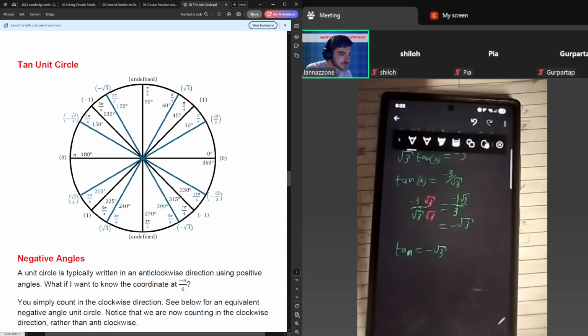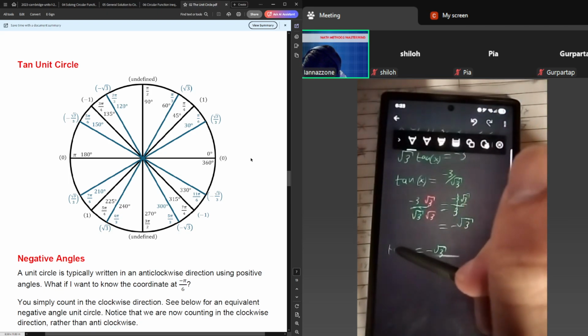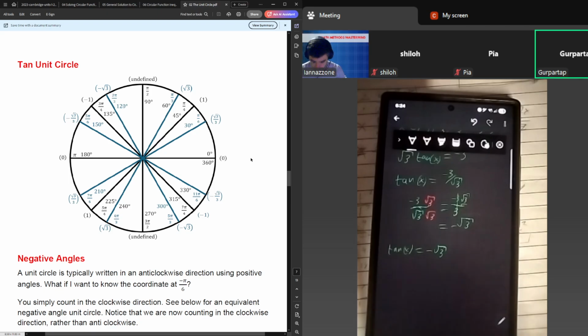I'll pull up the unit circle as well so we can all look at the same thing. So would it just be 2 pi on 3 and 5 pi on 3?